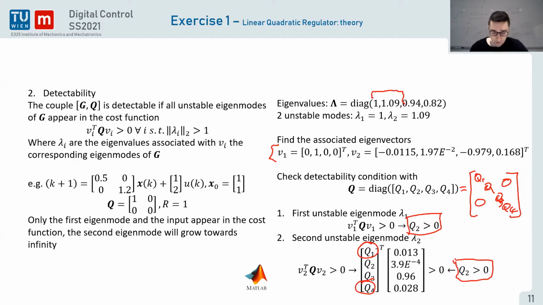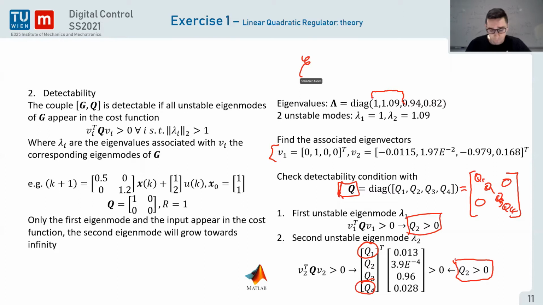Last thing I forgot to mention, or I already said it before, but I can say it again because it's very important: Q has to be positive semi-definite. So if you take a diagonal matrix, that means that for any vector, you can call it X, or X is usually a state, so not a good idea. Let's call it xi.